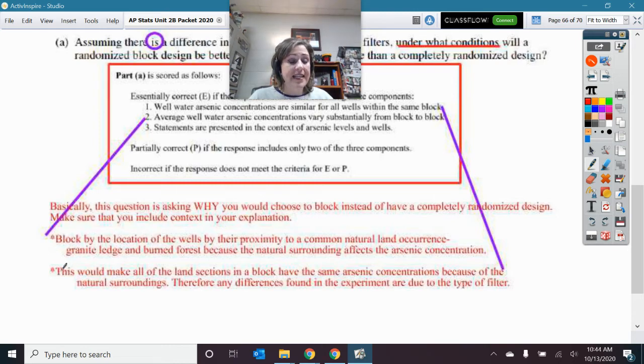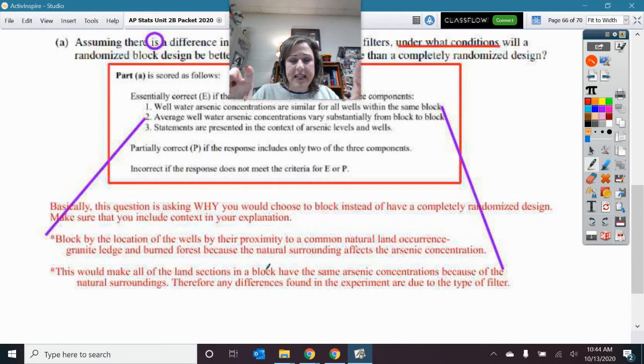And so look, then I said this would make all the land sections in a block have the same arsenic concentrations because of the natural surroundings. So all of the land masses near the granite ledge all have the same exposure to the granite ledge. So now they're on the same baseline. They have all the same granite ledge arsenic in them, and now we see what the filter can do.